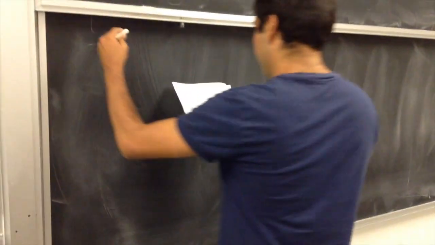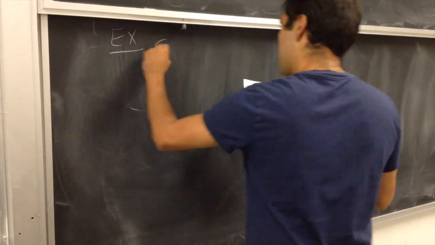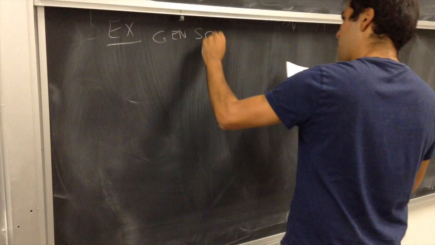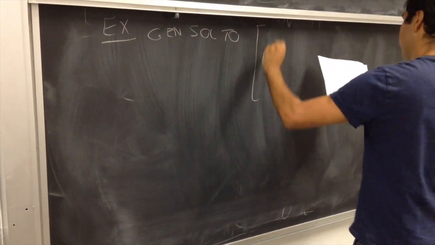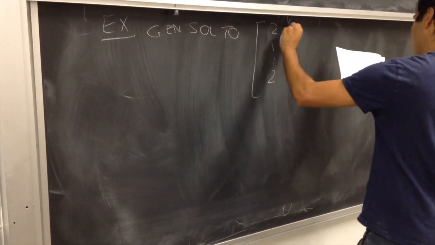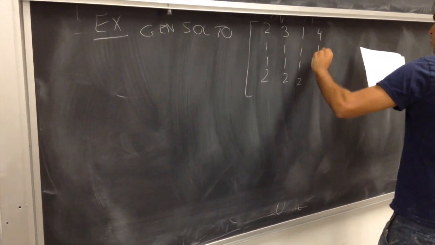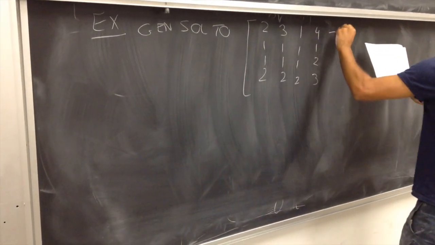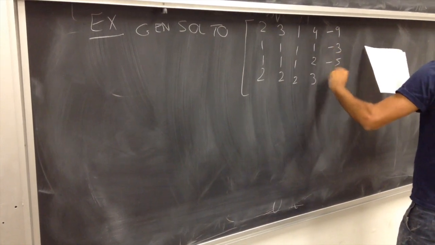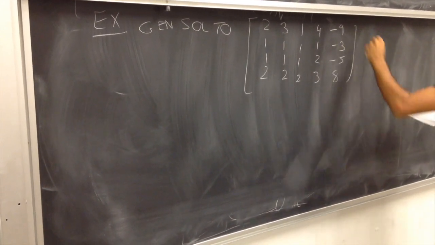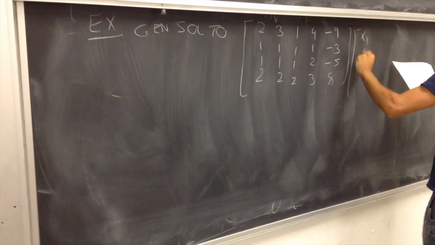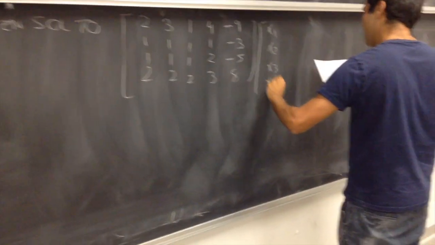And let me just illustrate this for the sake of definiteness. So for example, the general solution to, let's just consider this system, 2, 1, 1, 2, 3, 1, 1, 2, 1, 1, 1, 2, 4, 1, 2, 3, minus 9, minus 3, minus 5, 8. I took this from a textbook, I didn't make this up.